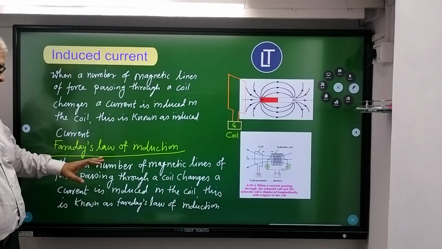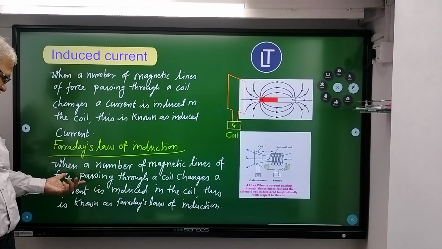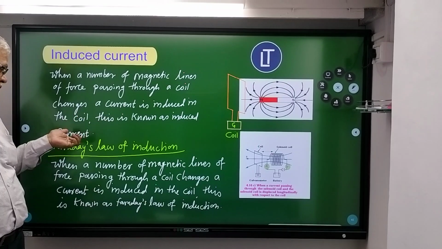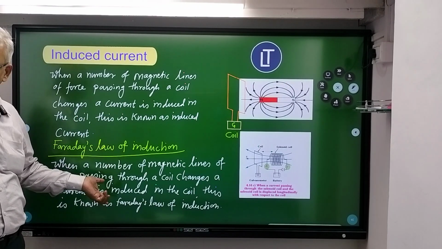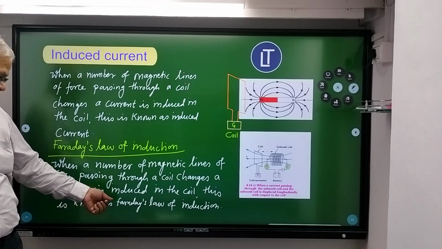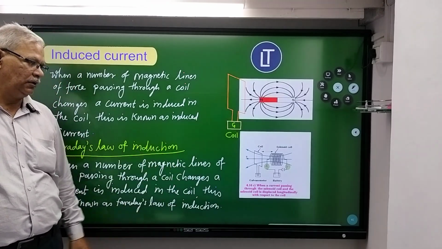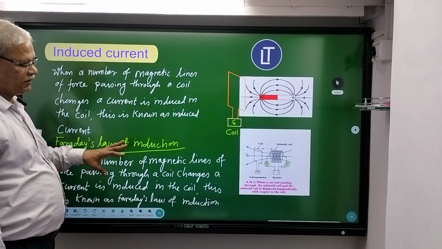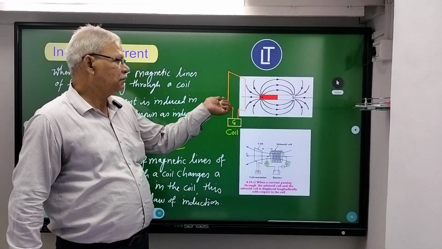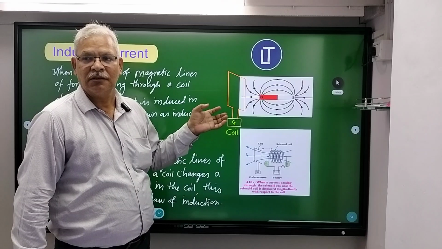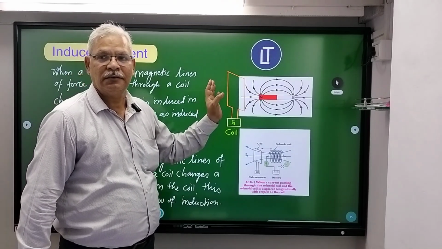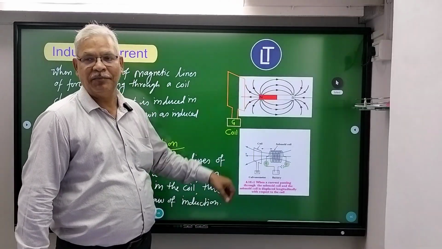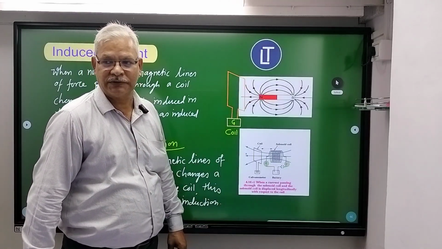Here it's the same definition you will see. Here the current is known as induced current and the law is called the Faraday's law of induction. Okay. Now see here in this case the electric current is induced, or you can say electric current is formed, due to the change in the magnetic lines of force.